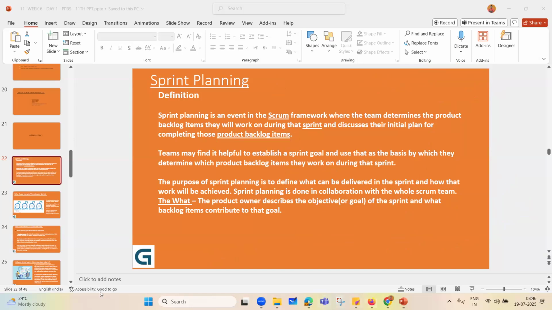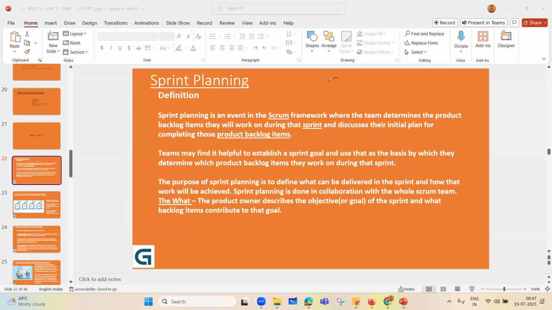Now the second paragraph over here tells that the team may find it helpful to establish a sprint goal and use that as the basis by which they determine which product backlog items they work on during the sprint. One thing is very important when we are talking about the input.